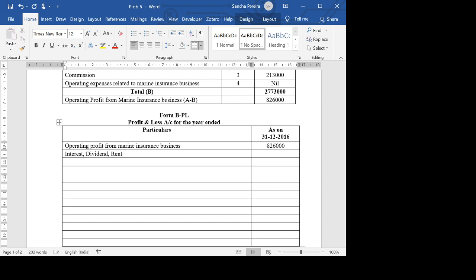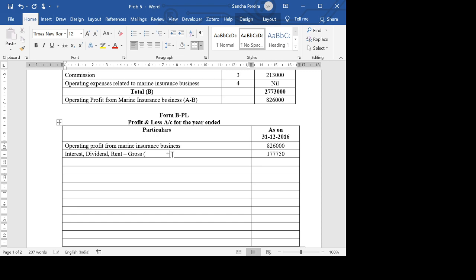We are supposed to show the gross amount. And how much is the gross mentioned in the problem? 1,77,750. Now, just for information purposes, I'm going to show a breakup of this.